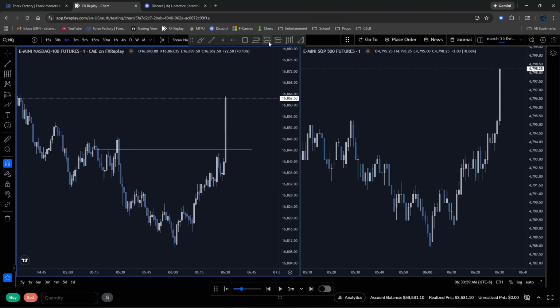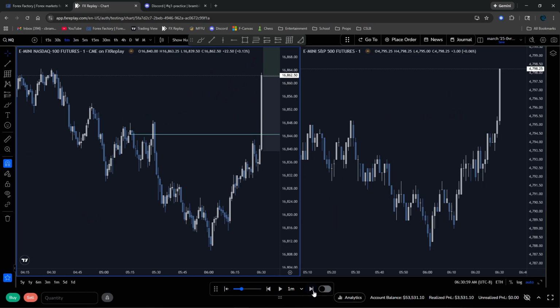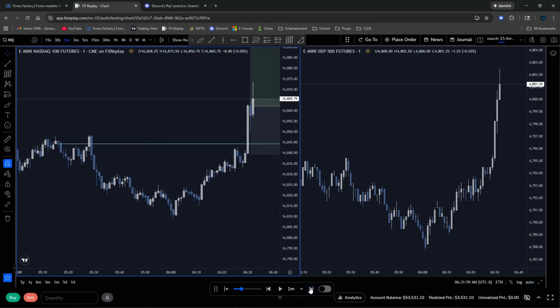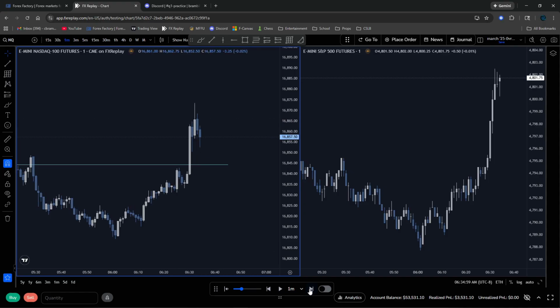Honestly, I'm down to long this first candle too. I won't even lie. We're gonna chill out. I don't like this candle formation.